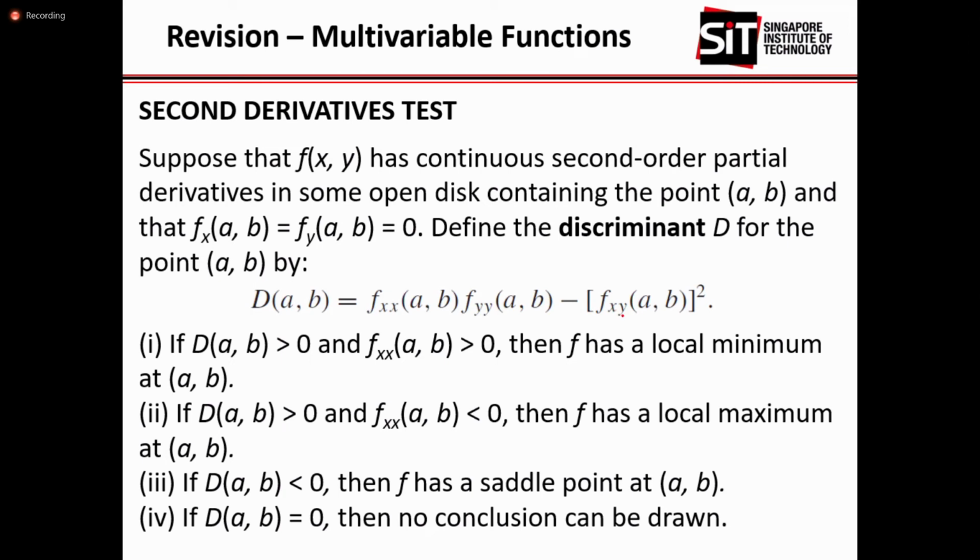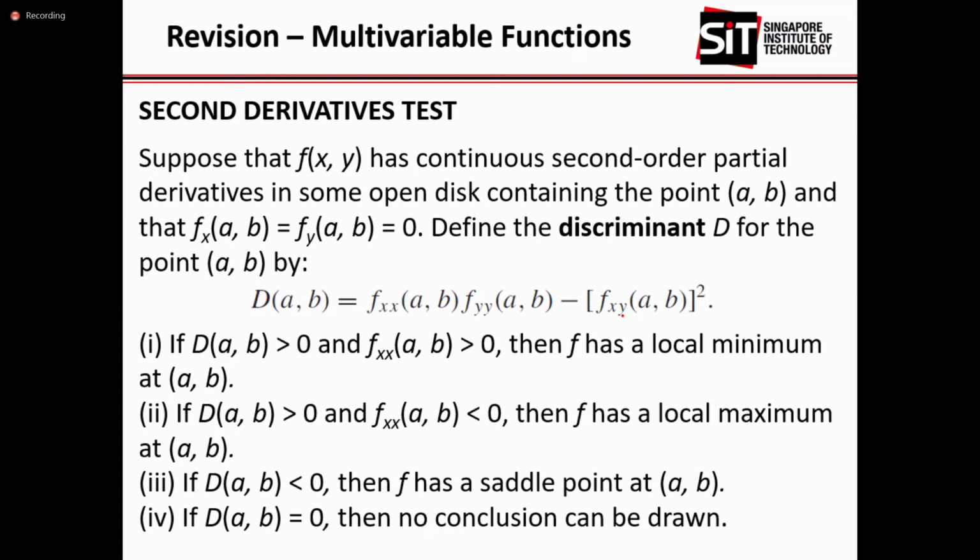So if the discriminant is greater than 0 and the second order partial derivative with respect to x is greater than 0, then we will have a local minimum. If the discriminant is greater than 0, but the second order partial derivative with respect to x is negative, this identifies a maximum.